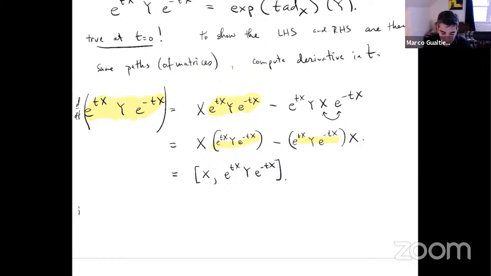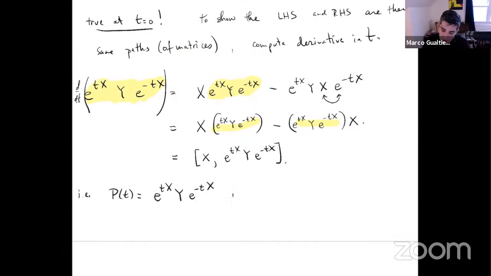So in other words, by introducing this parameter, what we have is a path of matrices. And it satisfies the condition that P dot is equal to little ad x applied to P. And P at 0 is equal to y.